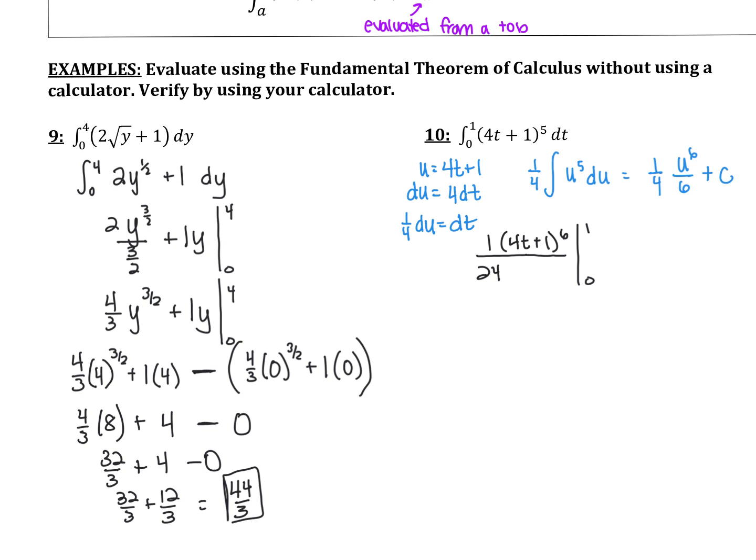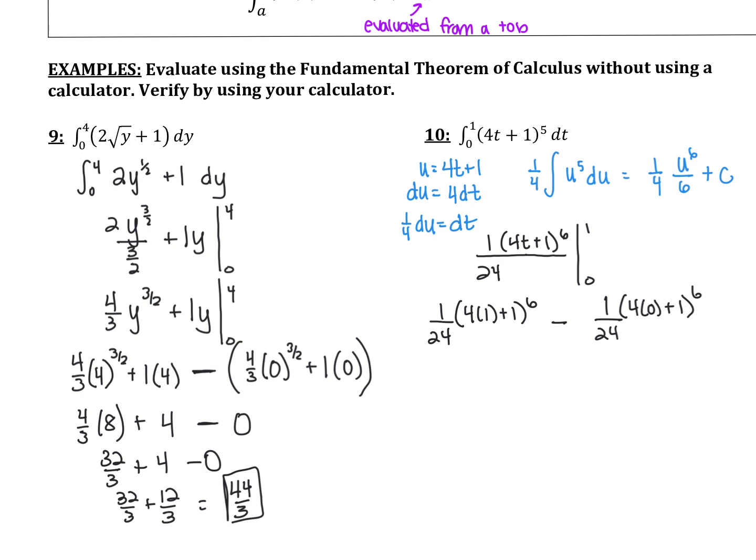Okay, here we go. So the fundamental theorem says I'm going to have 1/24 of 4 times 1 plus 1 to the 6th power, I don't know that number, minus 1 over 24, 4 times 0 plus 1 to the 6th power, still 6th power.